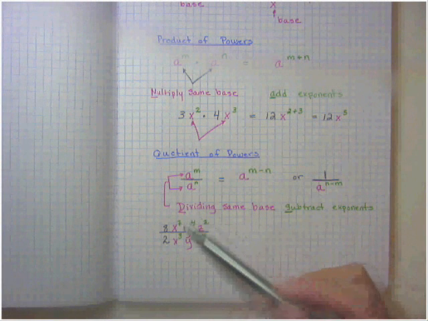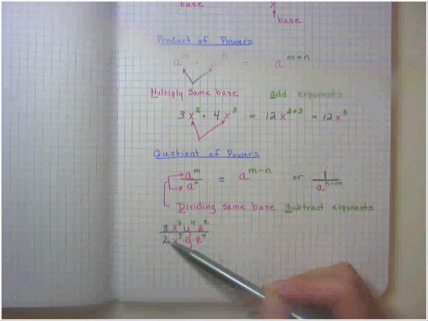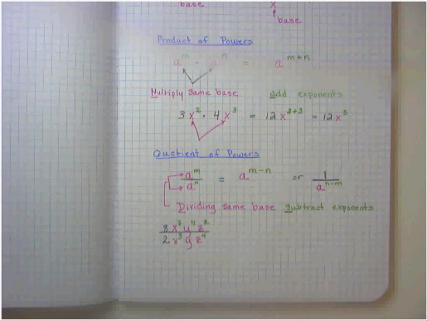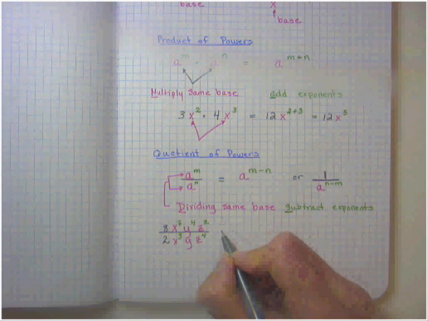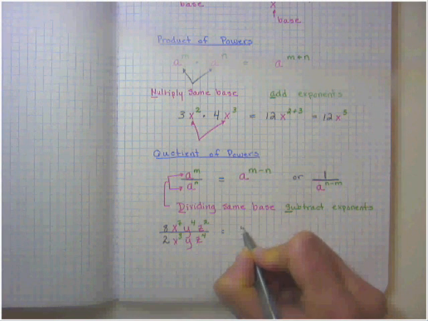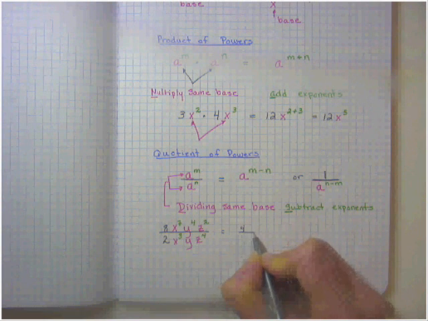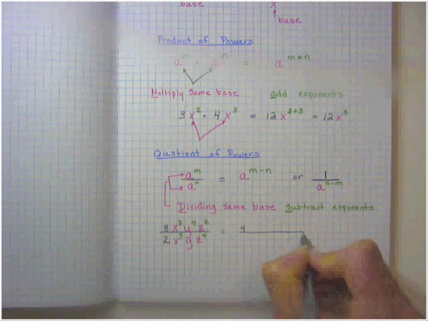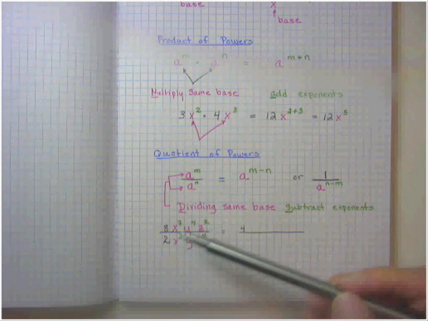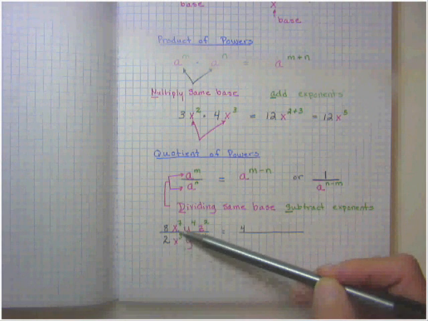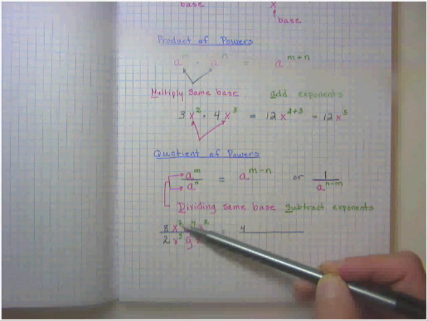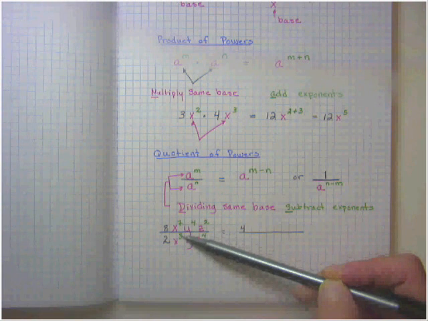Okay, so we know, looking at here, 8 divided by 2 is going to give me 4. Now I want to be very careful on what's going in the top and what's going in the bottom. So I'm going to look at my x's, same base. I'm going to look at my exponents.